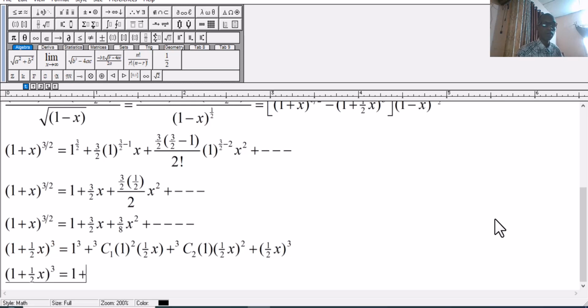This will be 1 plus, by the time you have 3 combination 1, that gives you 3, divided by 2, so that will be 3 over 2 x. Then the next one will be 3 combination 2, which is 3, so this one will be 3 over 4 x squared.